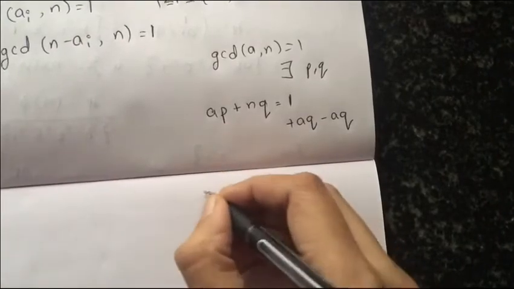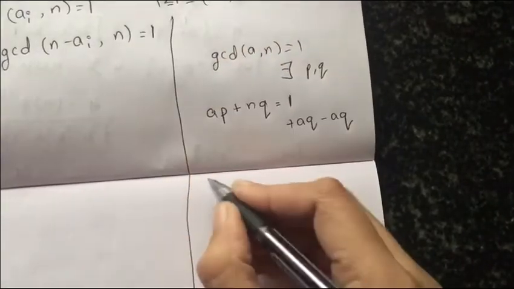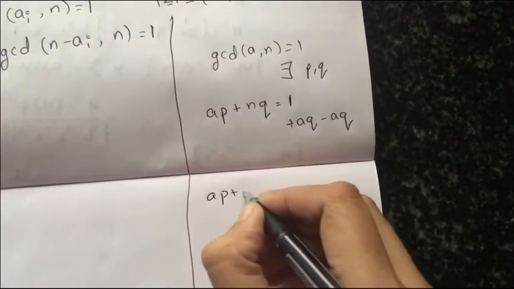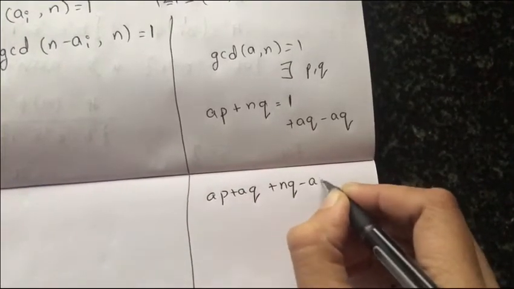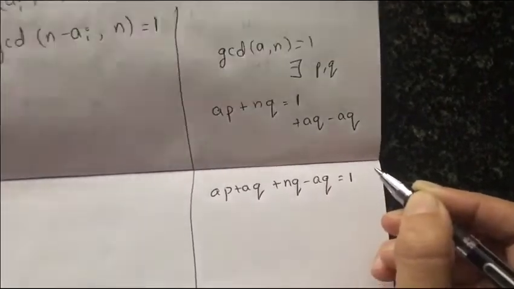What I do is add and subtract aq in this statement. So I get ap plus aq plus nq minus aq equal to 1.